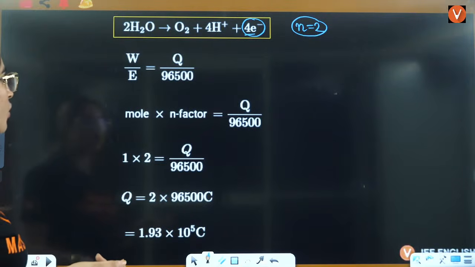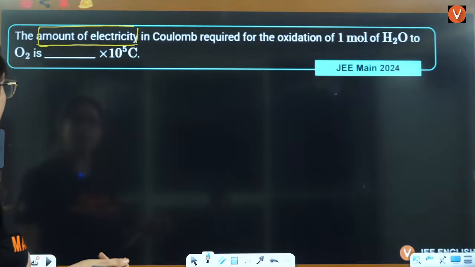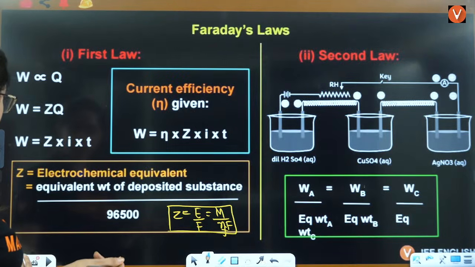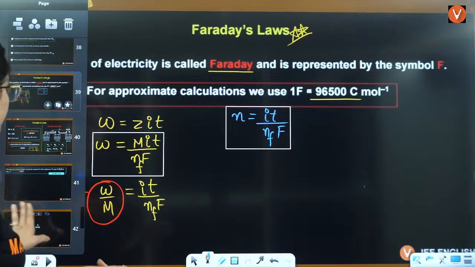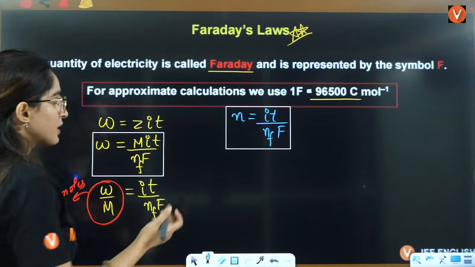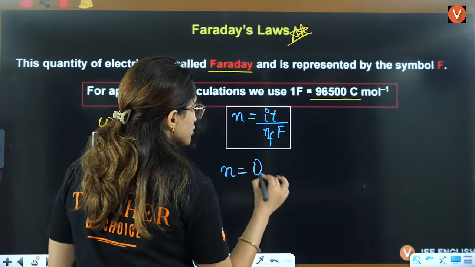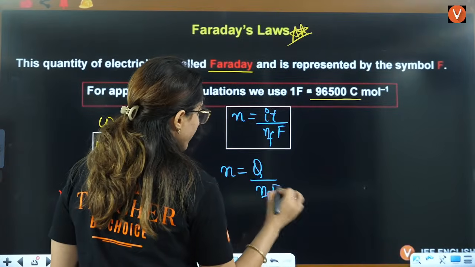From this particular formula, the number of moles is given to us. Number of moles is equal to charge divided by N factor into Faraday.